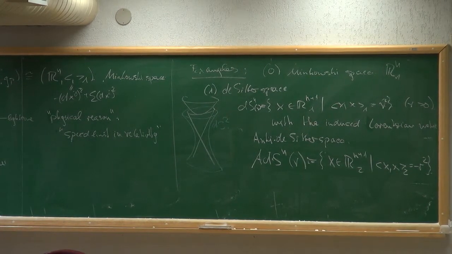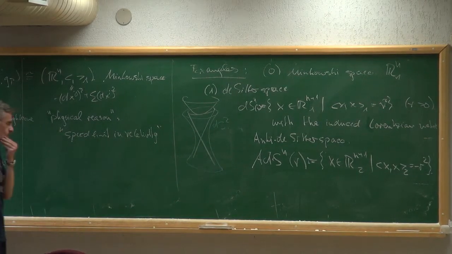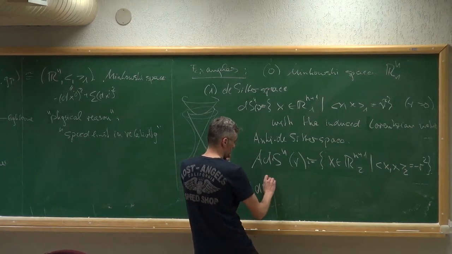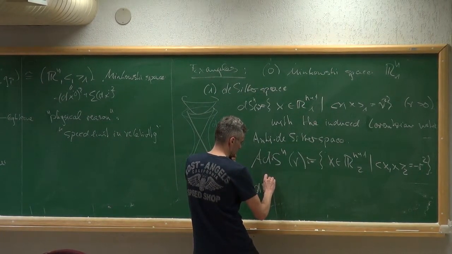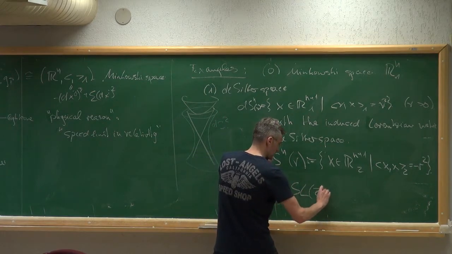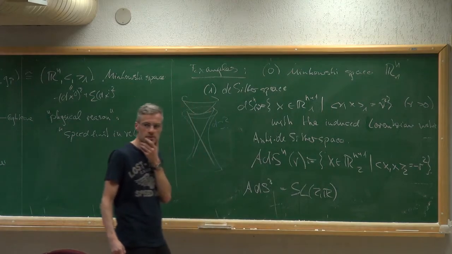One interesting thing you might have encountered in your life before is that de Sitter space of 3 dimensions is nothing but the special linear group over the reals with its Killing form.